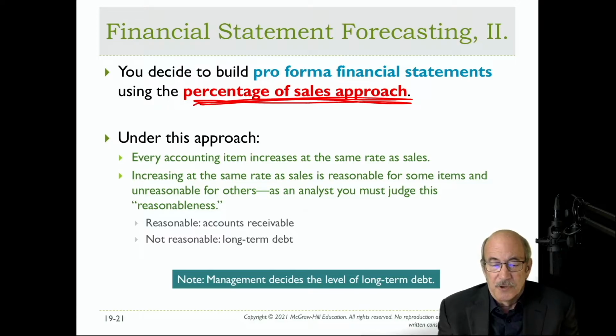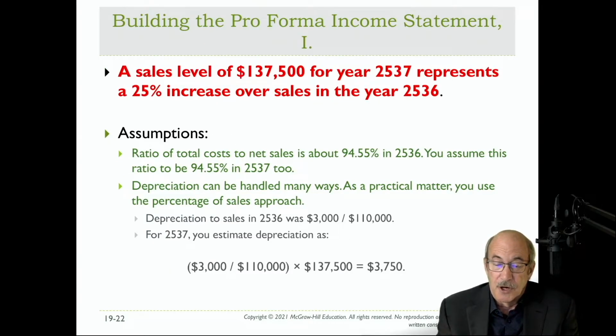So here, with the percent of sales, we're assuming that each account increases at the same rate as sales. And we're going to do that with all of the income statement accounts and a select number of the balance sheet accounts. So we're going to start with the level of sales, which is supposed to be 137.5 for the year 2537.